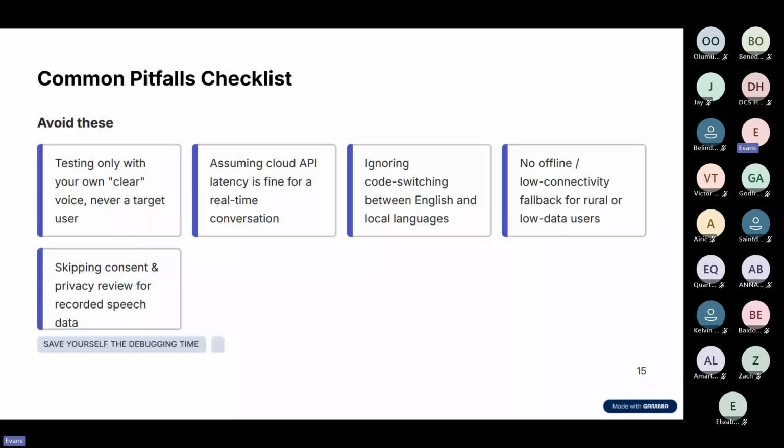And then no offline or low connectivity fallback for rural areas or low data users. Since we are developing for easy accessibility, right? And also people that are disadvantaged, it will be prudent to make sure your solution works without connectivity.